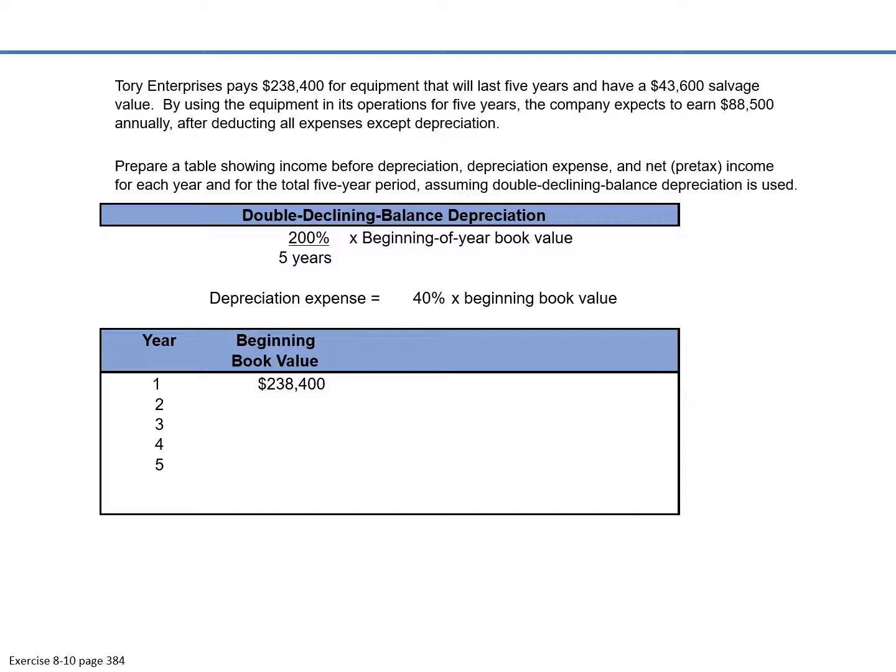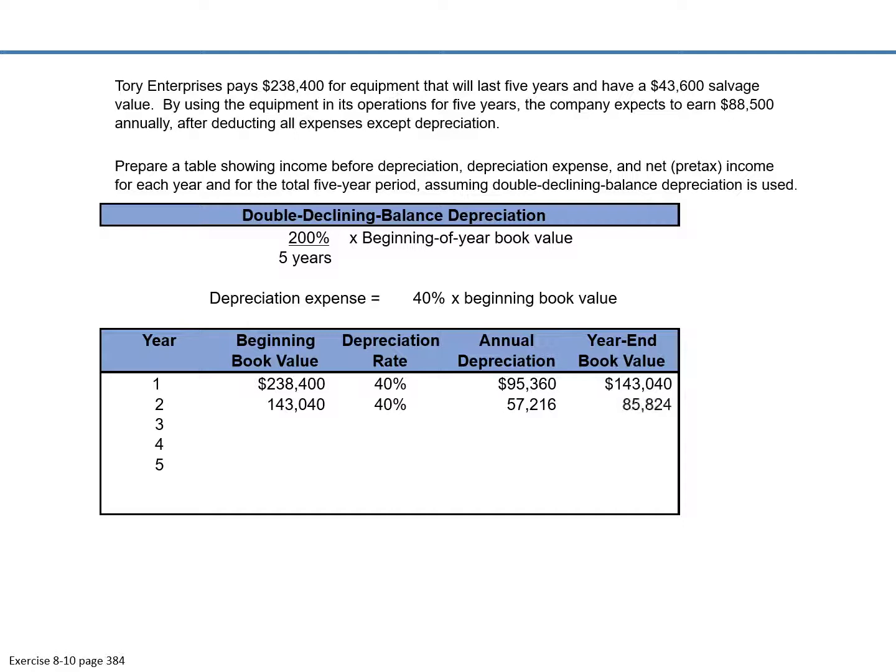So year 1, we have $238,400 beginning of the year book value times 40%. Annual depreciation of $95,360. $238,400 minus $95,360 is $143,040. That becomes our beginning balance the next year times 40%.